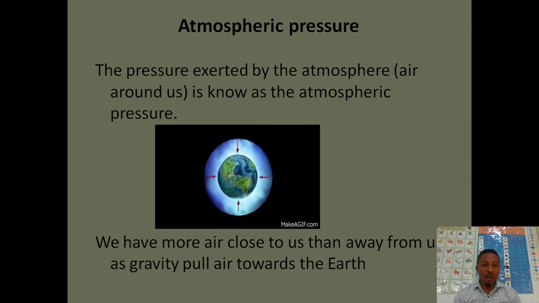Gravity constantly holds most of the air close to the earth. So the atmospheric pressure exerted on us close to earth is more than the one exerted on items that are far away from us, like items on the mountain.